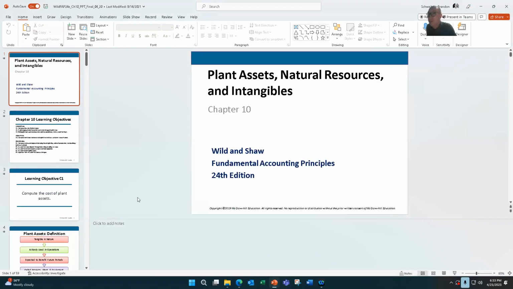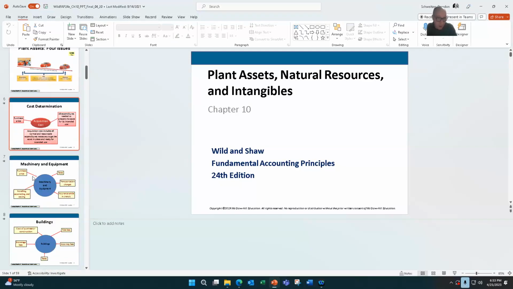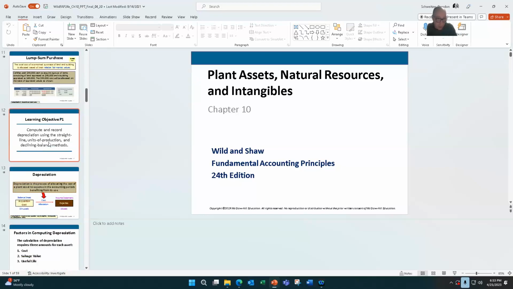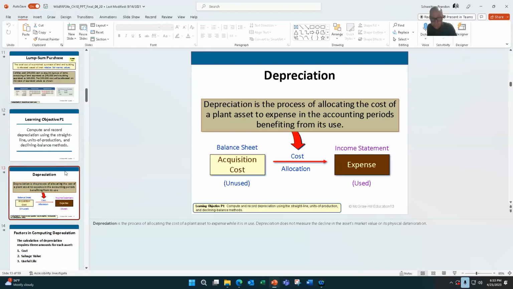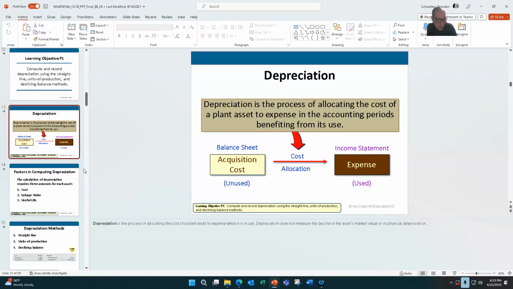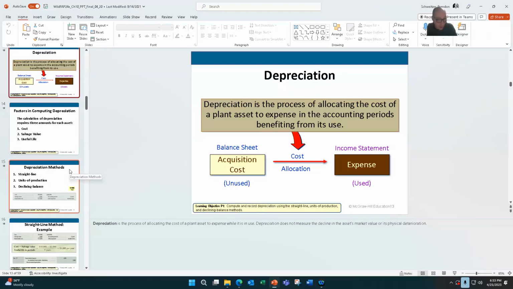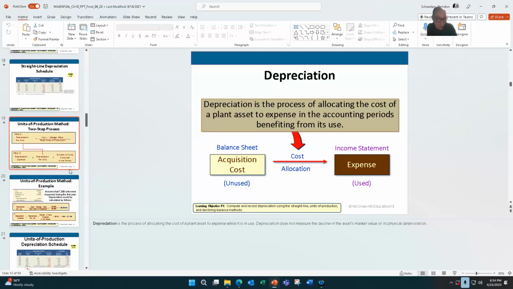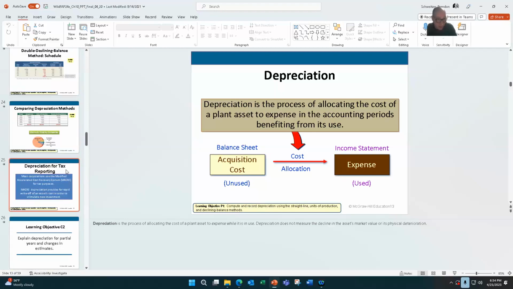Now let me think about this. Okay, chapter 10, plant assets. We talked about depreciation briefly. Recall. Yes, we did. And in our discussion, we talked about straight line depreciation, units of production, all of that stuff, remember?